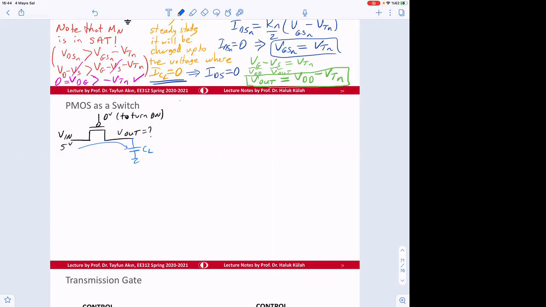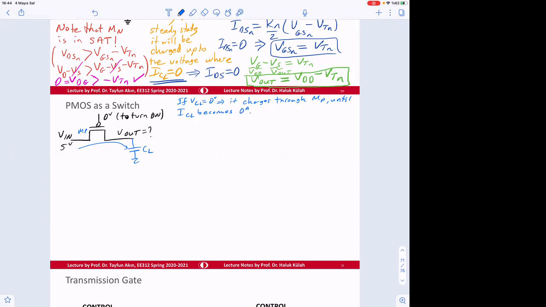If VCL is equal to 0 initially, and then it charges through the MP transistor, let's call this thing MP transistor, until ICL becomes 0 amp.